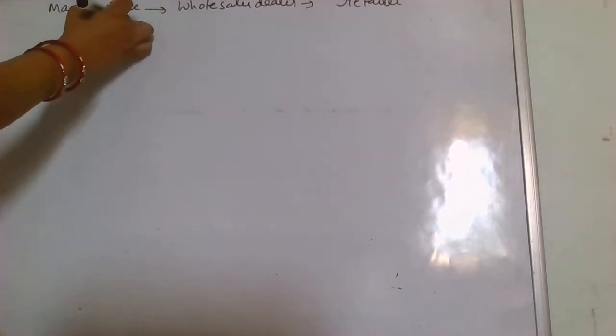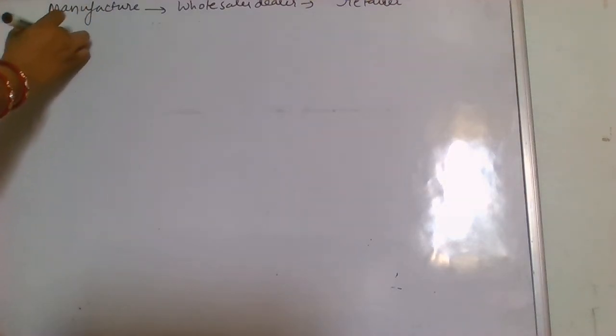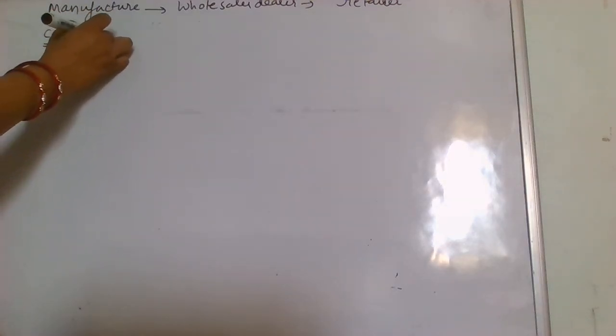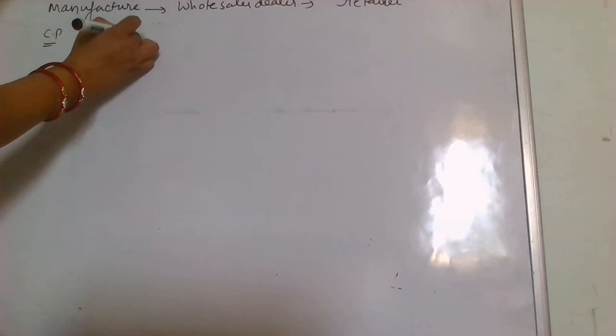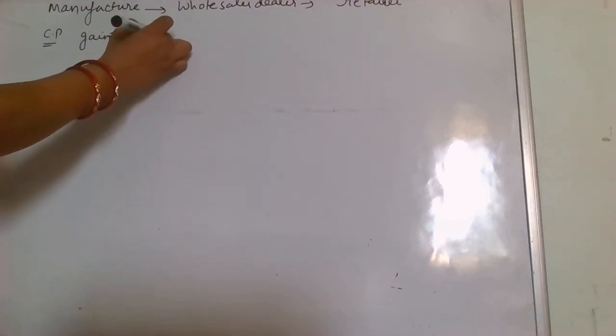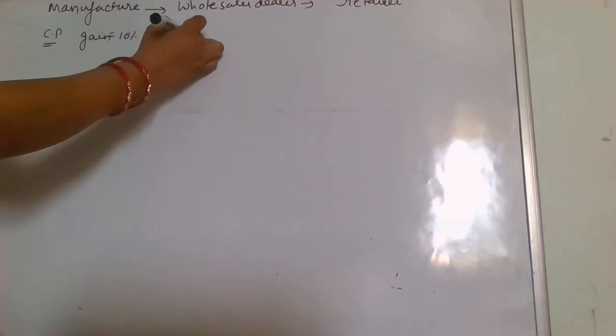So the manufacturer gains 10%. Whatever CP he has, he has a gain of 10%. So he will sell it, and this selling price is the cost price of the wholesale dealer.